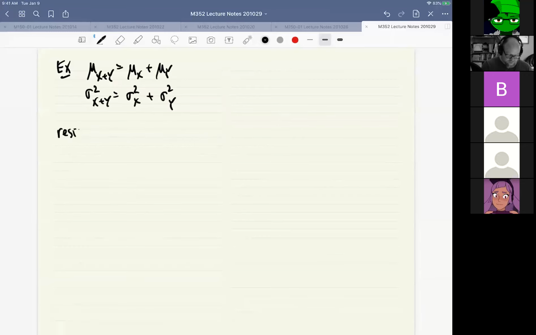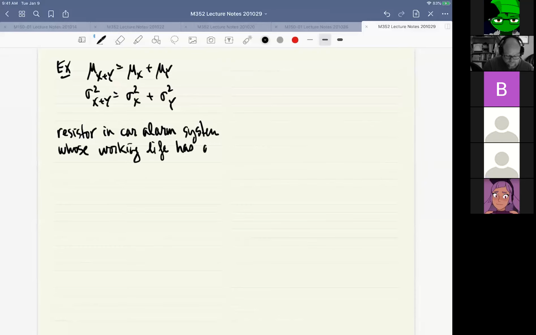And suppose there's a resistor in a car alarm system whose working life has an average length of 900 hours and standard deviation of 30 hours.